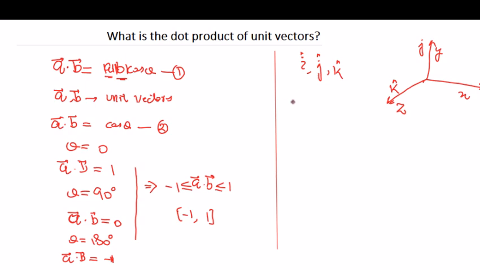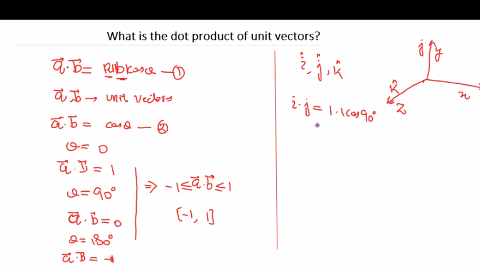Now I dot j will be equal to magnitude of I, this is 1, magnitude of j, cos 90 degree, because all three unit vectors I, j, k are mutually perpendicular to each other.